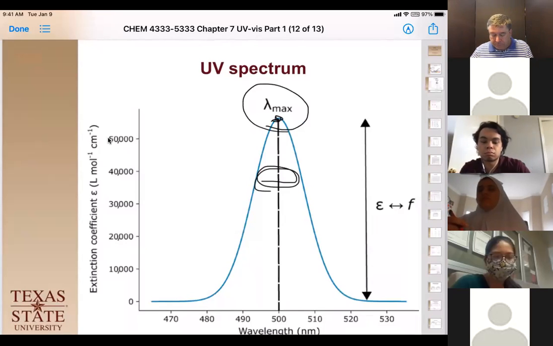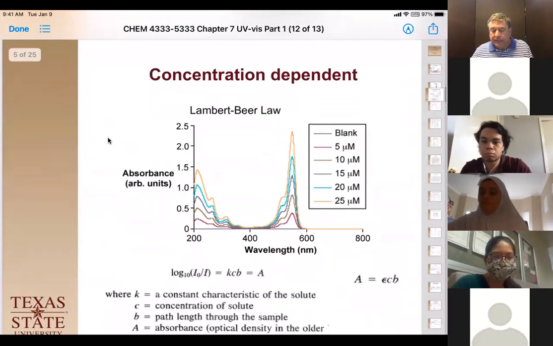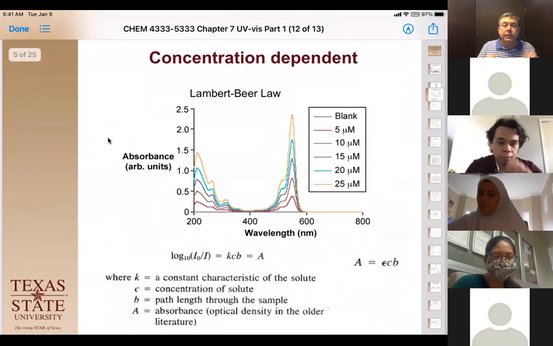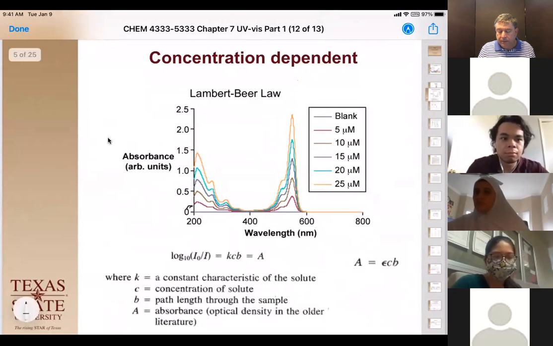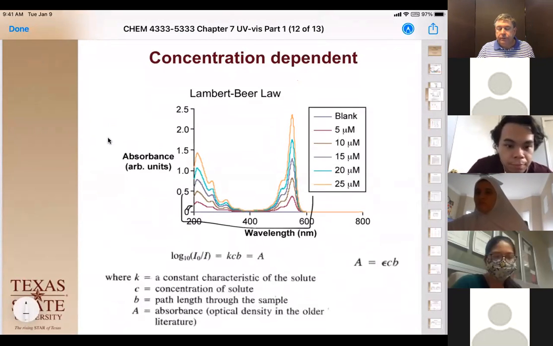No? Okay. All right. So like I said before, it was concentration dependent. And so that's exactly how we calculate the extinction coefficient. What you do is you take your compound right here and you take your UV-Vis spectrum, and then you vary the concentration.